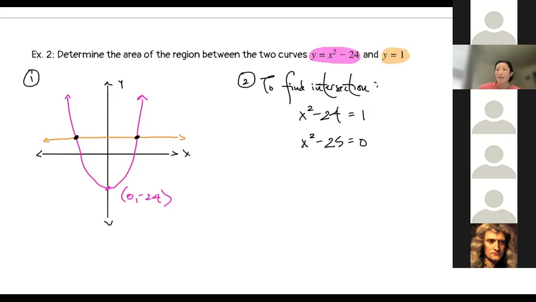How do we factor x squared minus 25? x plus 5, x minus 5, brilliant. x plus 5, x minus 5 equals 0, and we get x equals -5 and x equals +5.